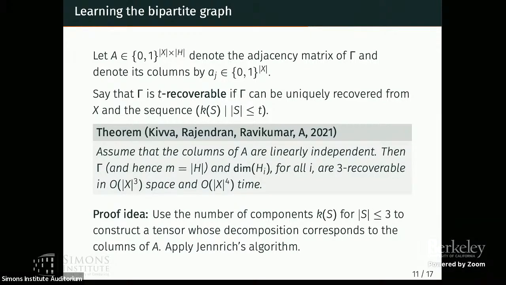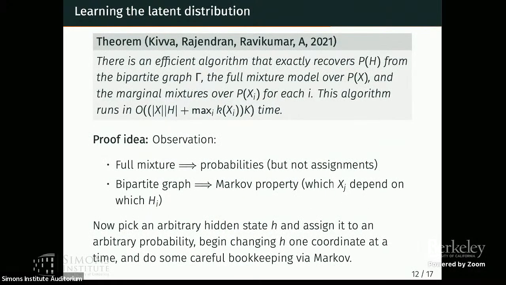Now notice the bipartite graph is not really what I'm interested in, but it's an interim step that I need for the next step, which is to learn the latent distribution itself. This algorithm is fairly complicated, but let me give you a picture of how it works. There's a hidden magic to the mixture oracle assumption that I haven't emphasized yet.